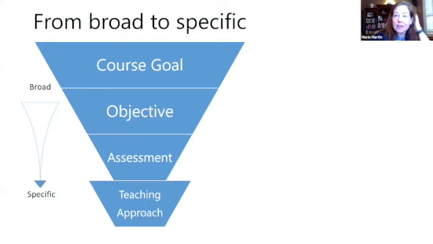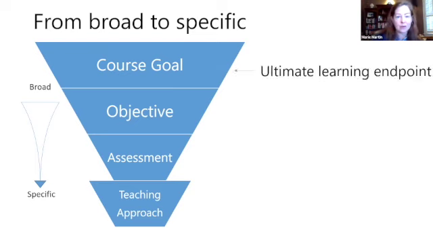So this idea that you're moving from a broad course goal to a more specific objective, then to even more specific assessment of those objectives and your teaching approaches that are appropriate. And when you think last week about what Dr. Bond introduced in terms of the learning theory, you can think about what might be your specific teaching approach to really drive home the specific content or skills or attitudes that you'd like to impart on the students and for them to demonstrate, more importantly.